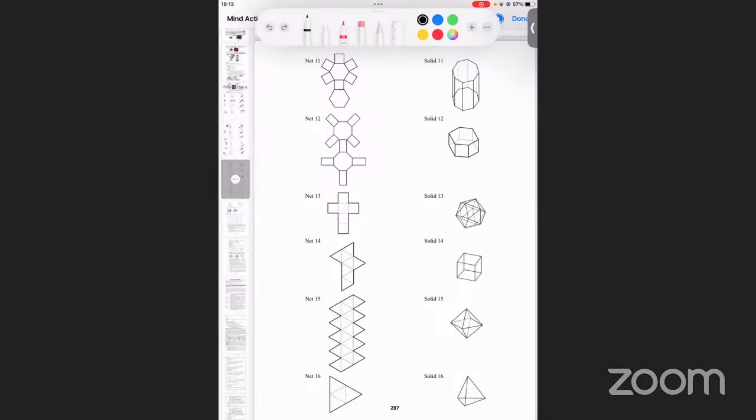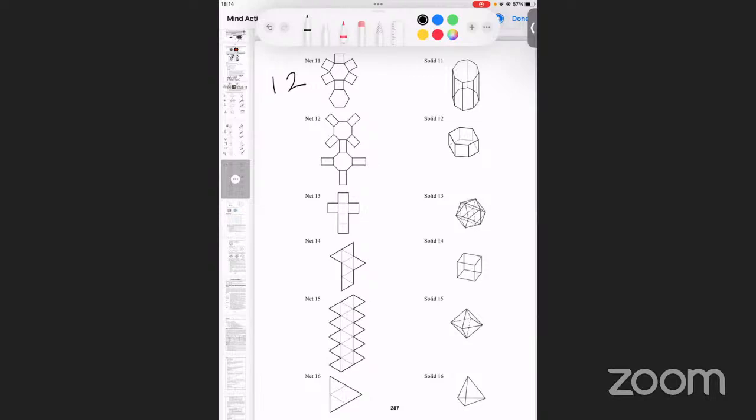Guys, are you still there? Yes, ma'am. And what's going to be the answer? Ma'am, net 11 will be solid 12. Is it 12? I think so, ma'am, because solid 12 has the shorter squares, and net 11 has the shorter squares, whereas net 12 has the longer ones, and solid 11 has the longer ones.